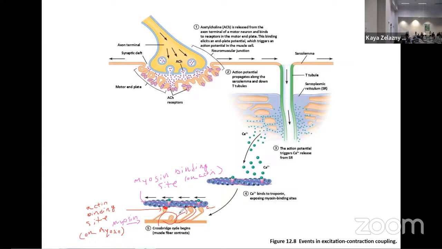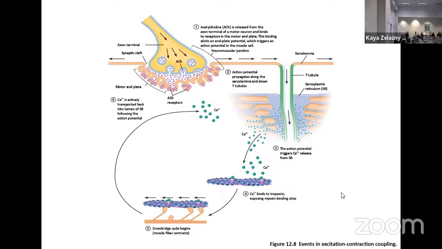And then we're getting ready to reset these: bind in ATP, let go, break it down, cock ourselves back into this high energy state and do it over and over again. So this image isn't showing you any particular step. It's showing you that the cross bridges are forming and reforming. Each of those little hands is doing its own cross bridge cycling when we're able to, because we have this exposure of the myosin binding site.